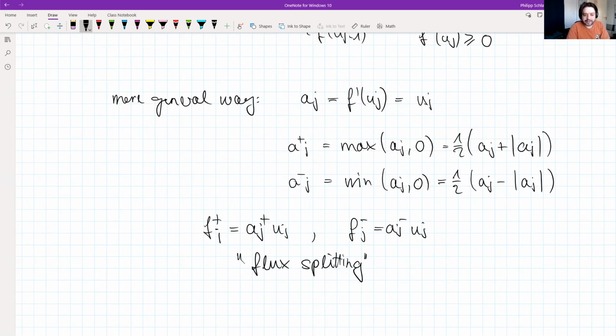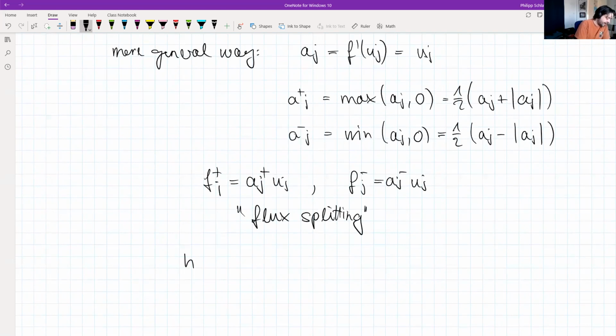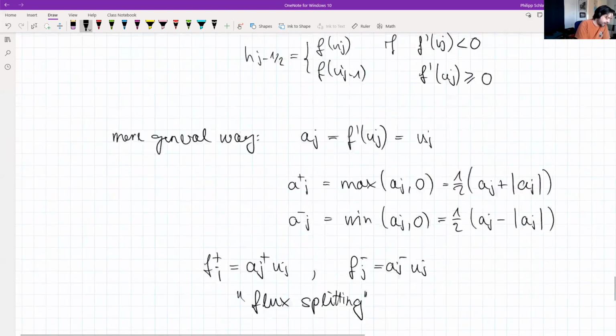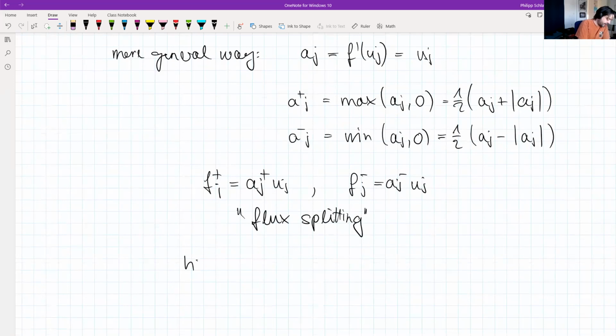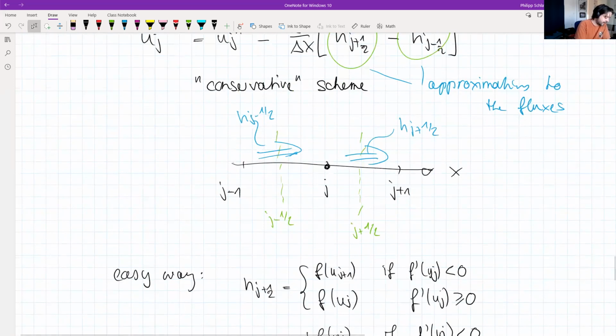And now the cool thing is, I can go there and say, okay, coming back to my H's, so the H at Xj minus 1/2, well, that is the fluxes. I can go to my graph here.